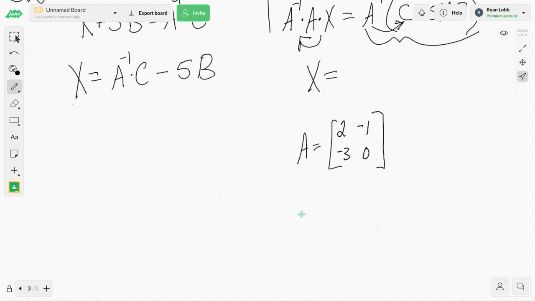I find my inverse. 1 over the determinant, 2 times 0 minus 3 times -1, which is 3. So 0 minus 3, so -3.